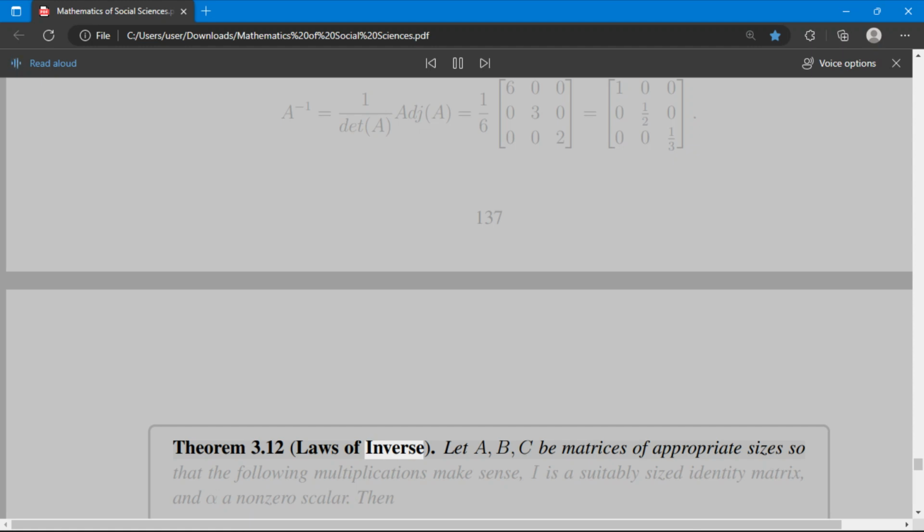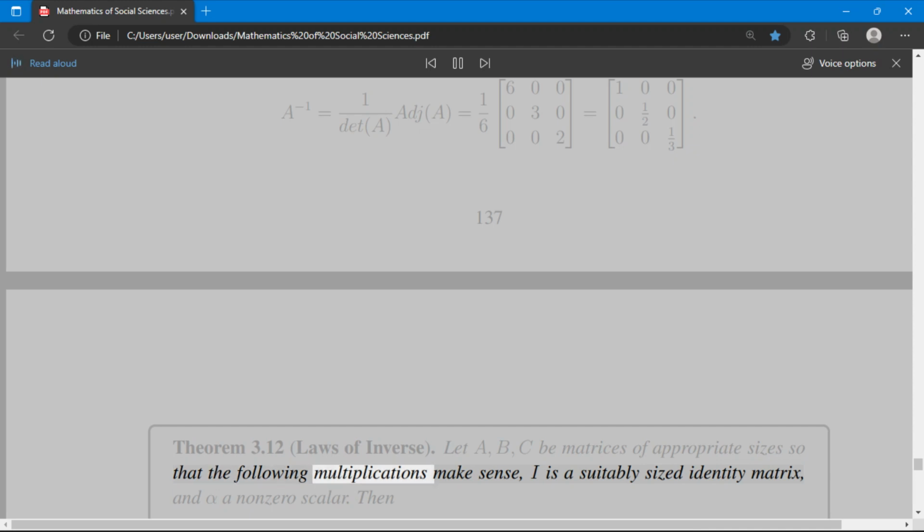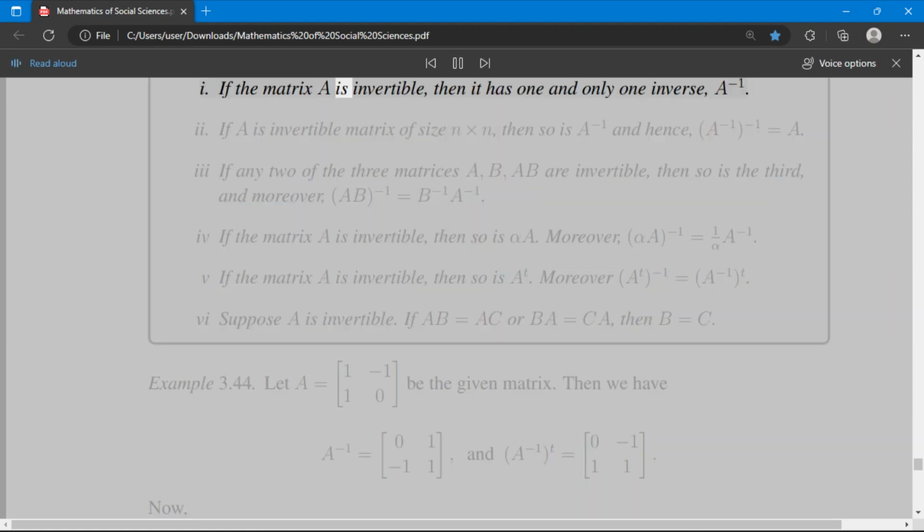Theorem 3.12, Laws of Inverse. Let A, B, C be matrices of appropriate sizes so that the following multiplications make sense. I is a suitably sized identity matrix, and alpha a non-zero scalar. Then, 1.